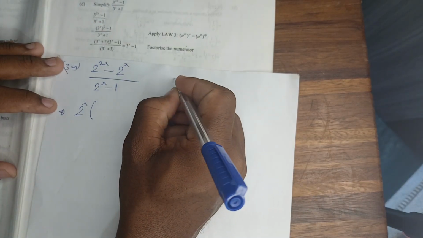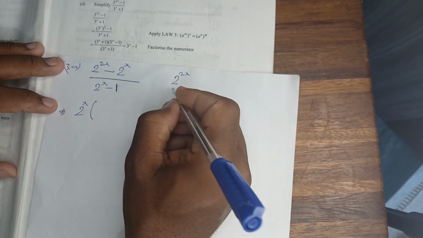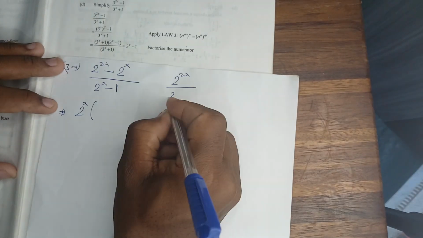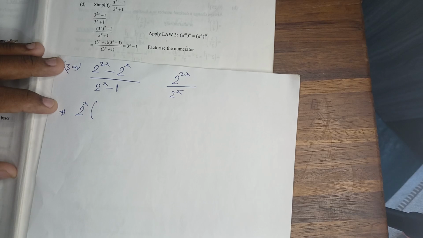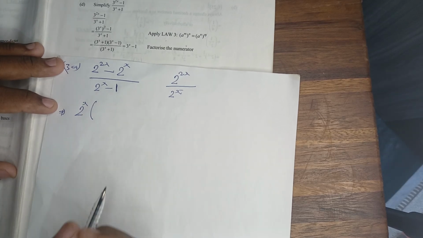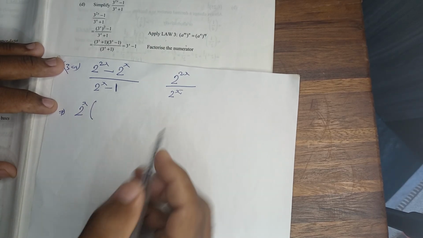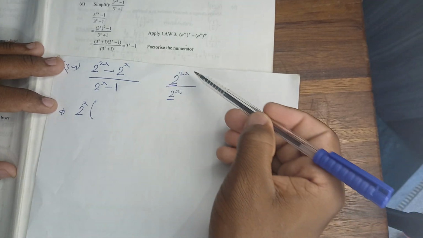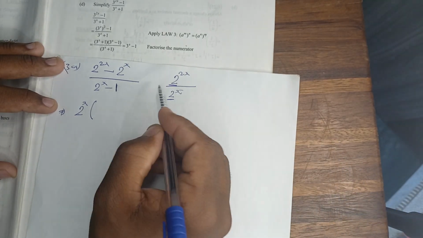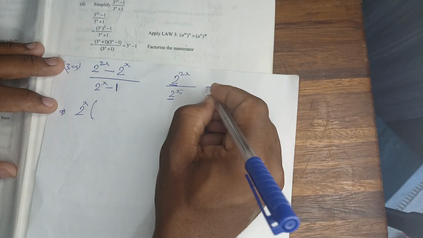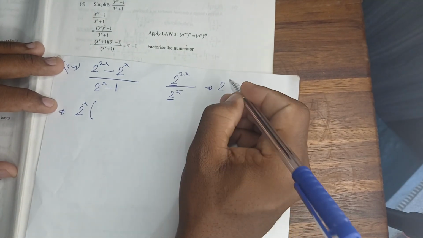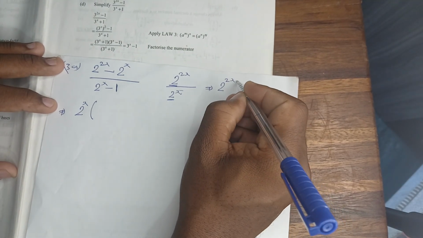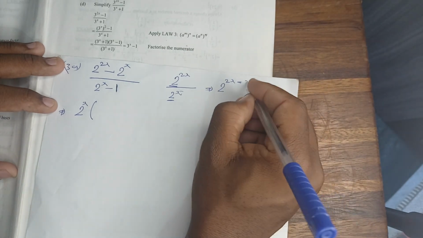We are doing 2 to the exponent 2x divided by 2 to the exponent x. So here we are dividing. Remember, we've got the same base. Can you see that we have got the same base? We are going to subtract the exponents since we are dividing. So it's simply going to be 2 to the exponent 2x minus x.